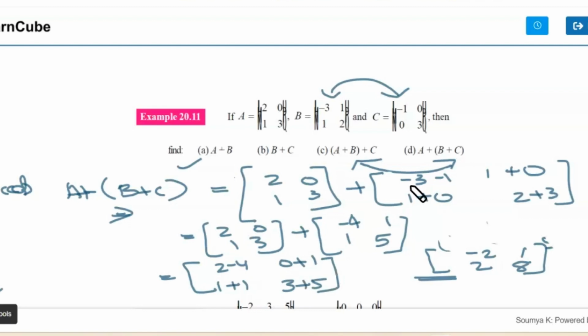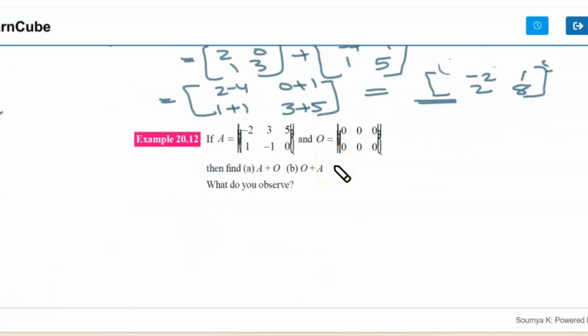Let's check the result. It gives you the result as minus 2, 1, 2 and 8. So you can check that this property is applied in this case. So C and D have the same solution. You can check the property.